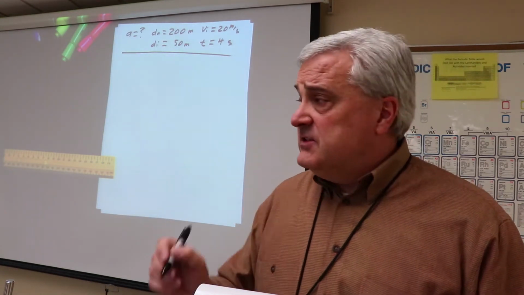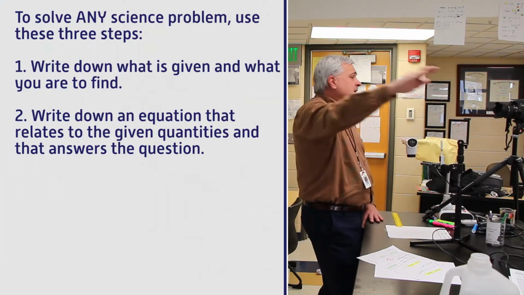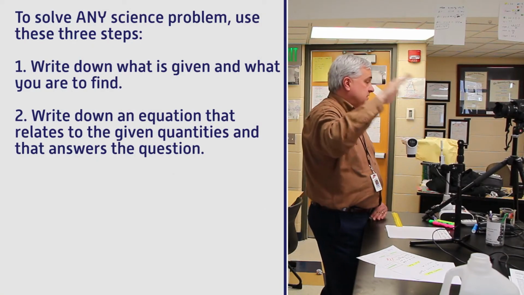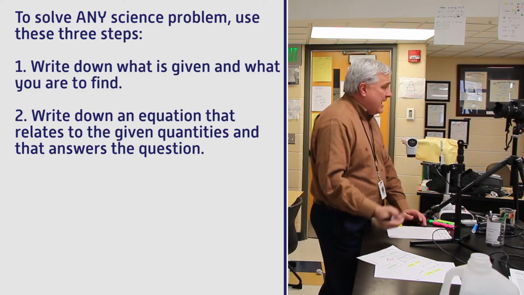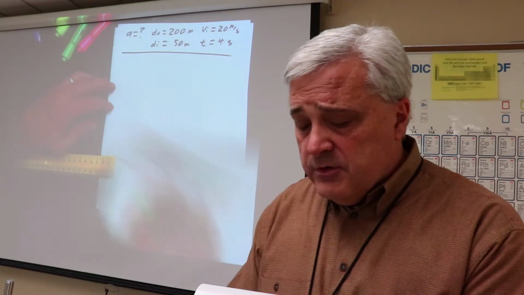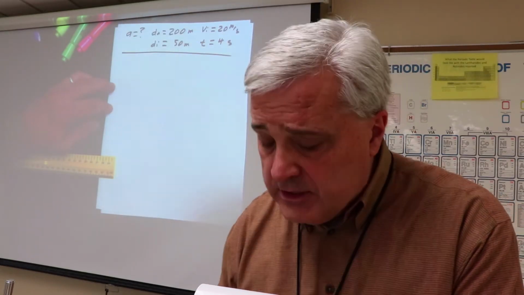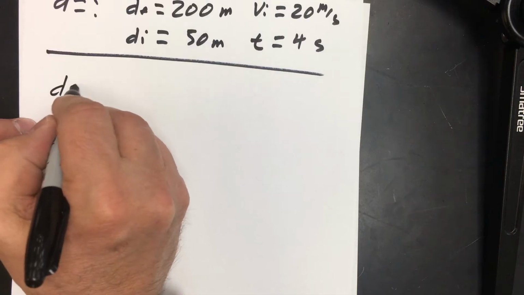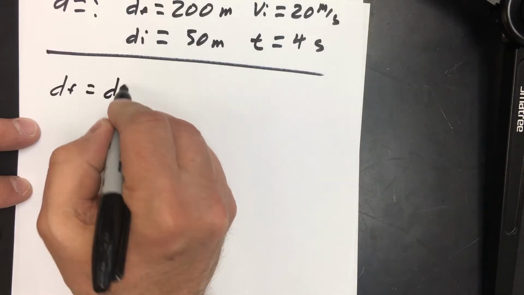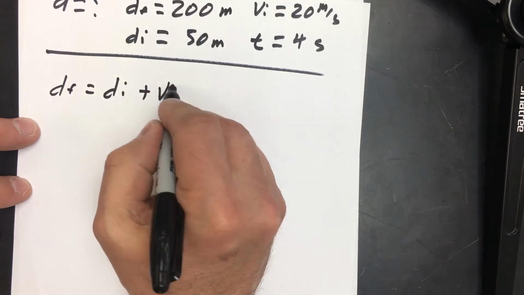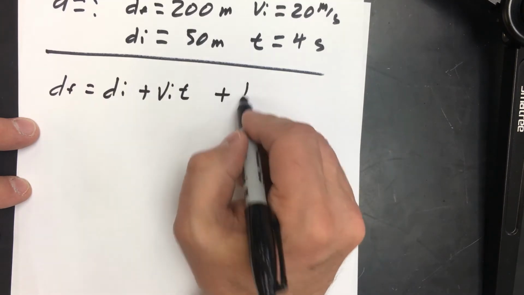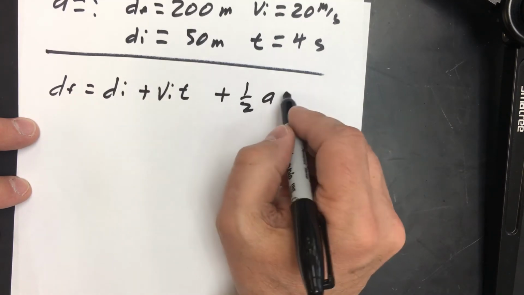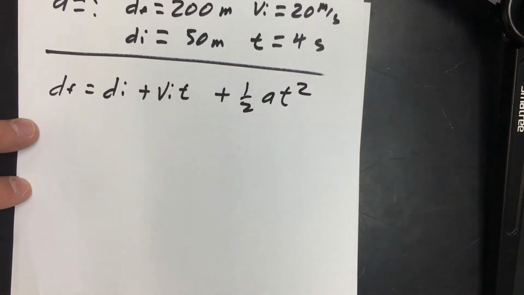The second step, and this is the one many students want to skip and resist, is to write the equation. We've already looked at the equation, so we know the equation we're going to use: d sub f equals d sub i plus v sub i t plus 1/2 a t squared.